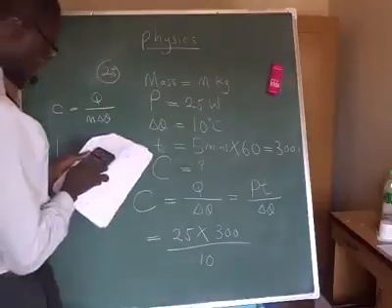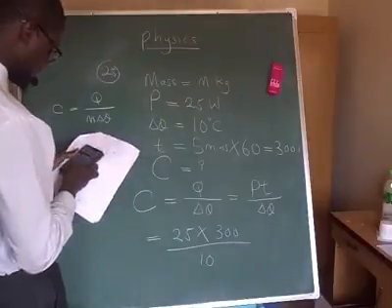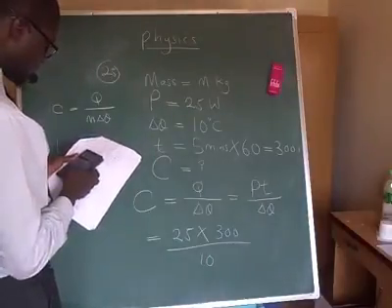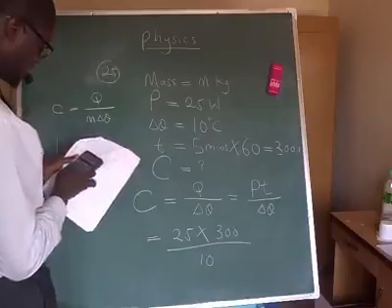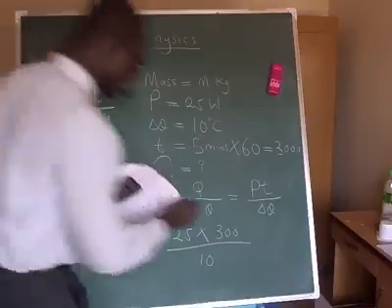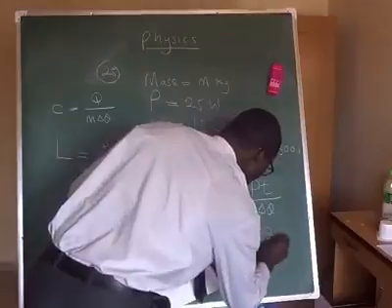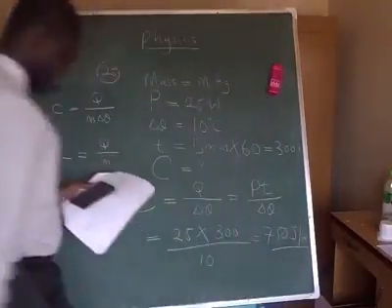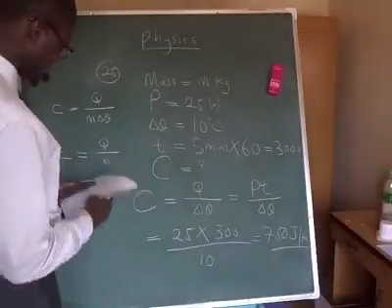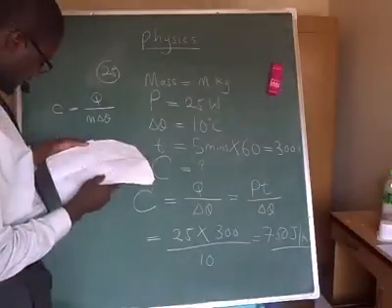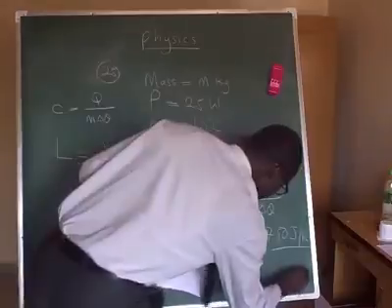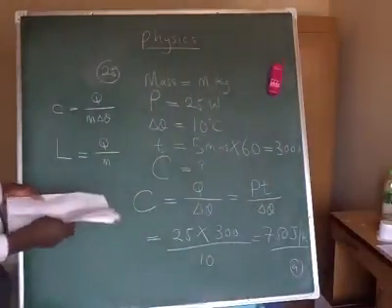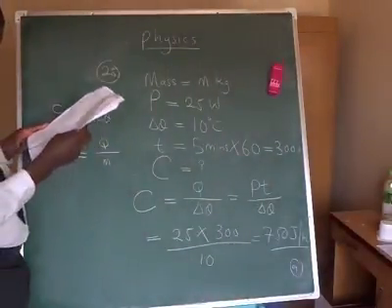So 25 multiplied by 300 divided by 10, I have 750 joules per Kelvin. Let's see what option that is. That's option A. So the answer is option A, question 25.